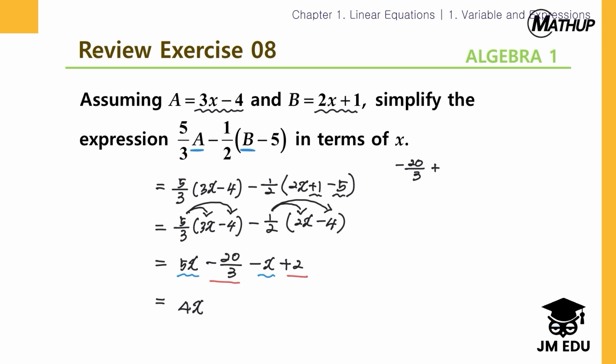Can I write 2 as 6 over 3? The same thing, right? So 6 over 3. I just made a common denominator. So the denominator is 3 now. Negative 20 plus 6, that's negative 14. So minus 14 over 3. And this should be our final answer.